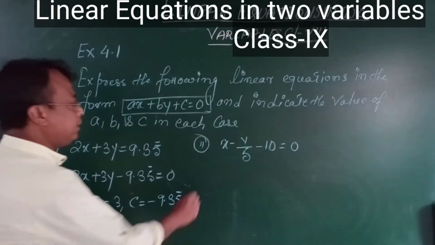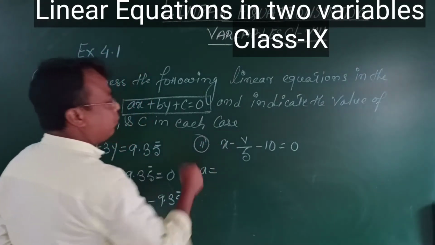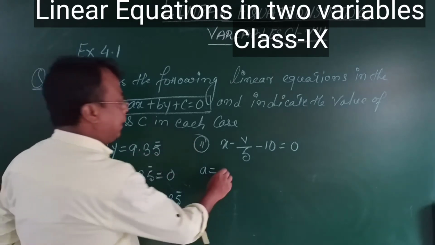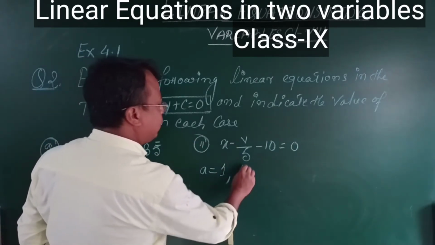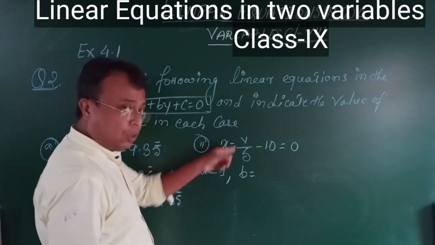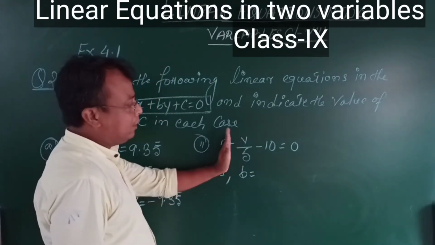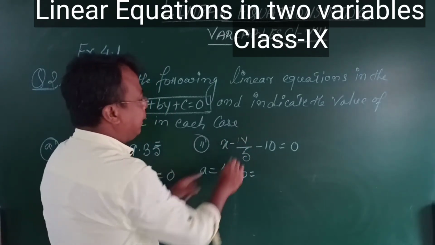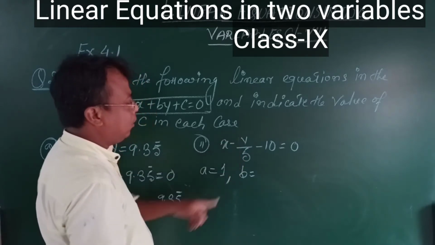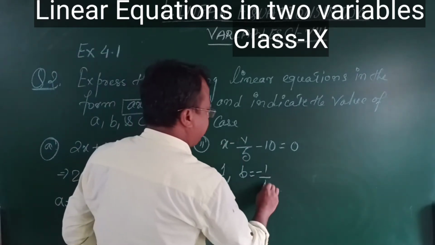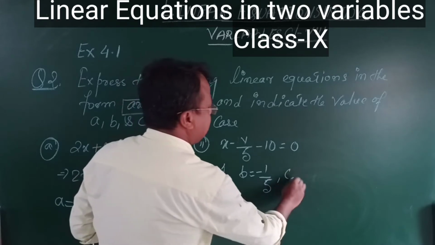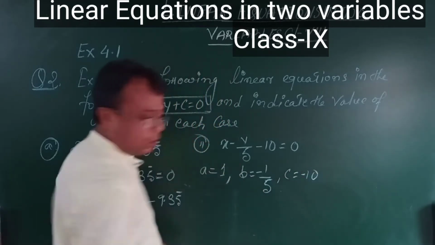So what is a in this case? What is the coefficient of x? It is 1. What is the coefficient of y? b is equal to minus 1 by 5. y by 5 means the coefficient is minus 1 by 5. Now what is c here? c is equal to minus 10.